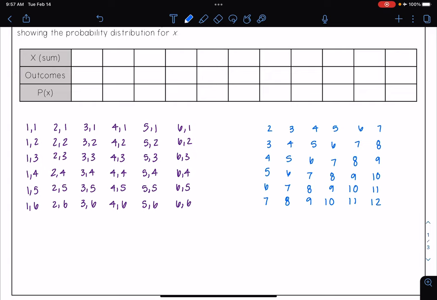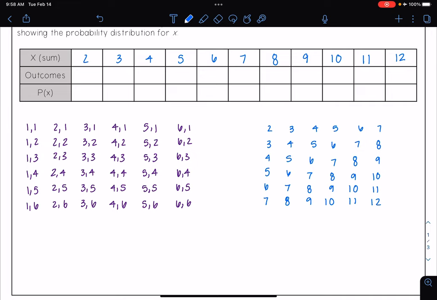So now I'm going to fill in this table. The different sums I have are 2 all the way until 12. So my possible outcomes here are 2, 3, 4, 5, 6, 7, 8, 9, 10, 11, and 12. And then I want to count how many I have for each sum, because that's going to help me create the probability.